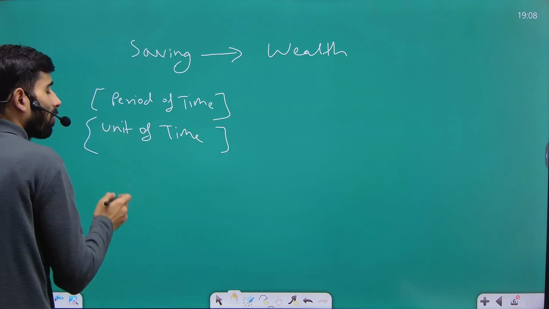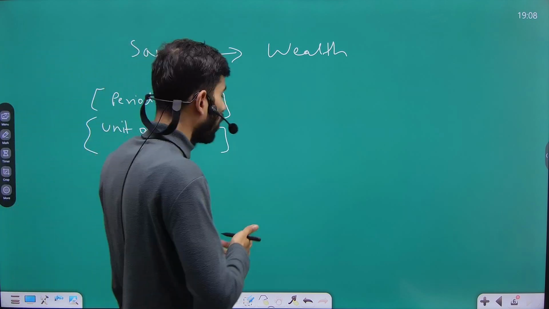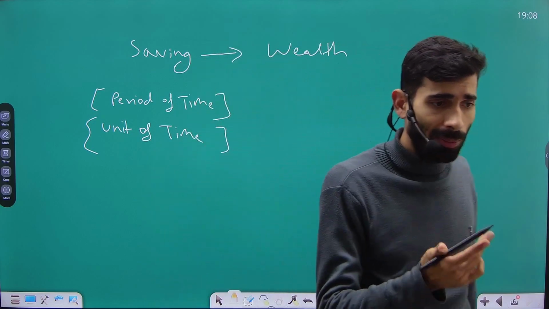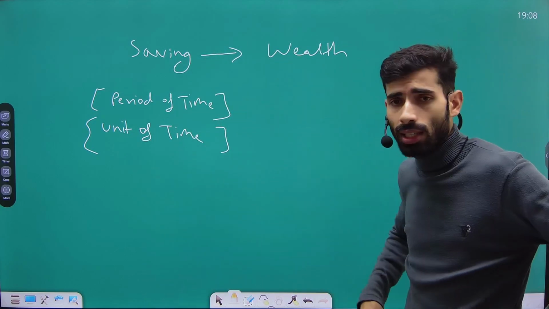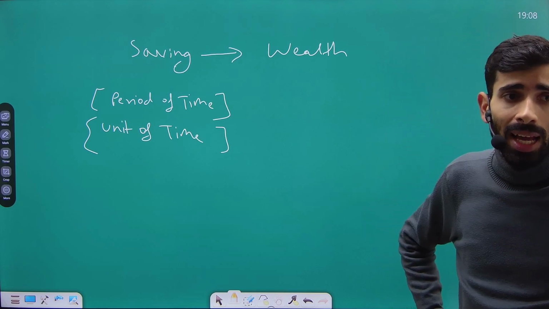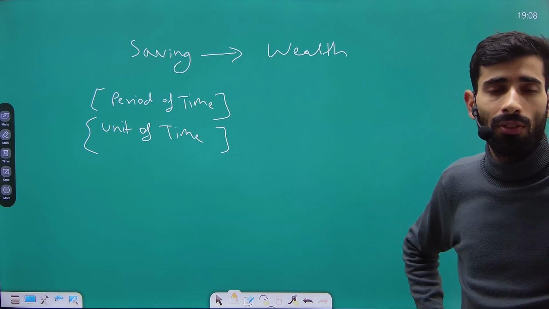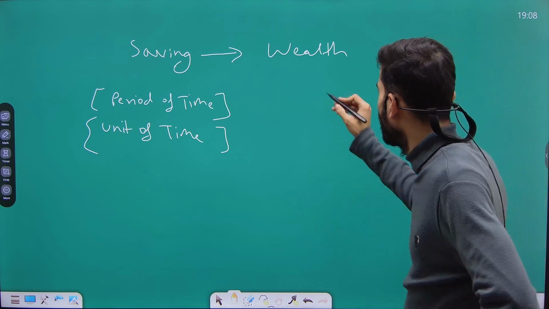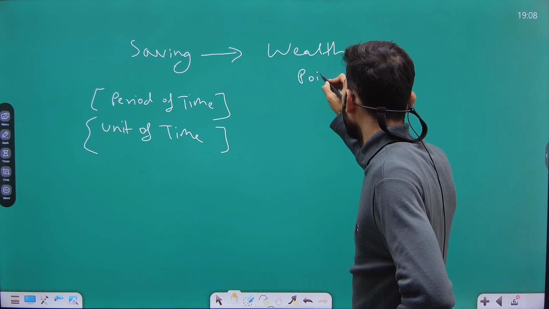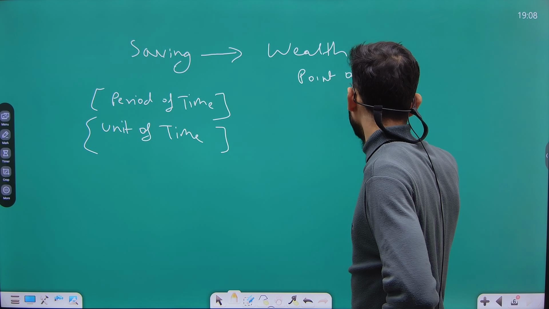Generally we ask what is your monthly income, or if the wage is paid hourly, we ask what is the wage per hour. But whenever we ask about wealth, it means at that particular point of time, right now, how much wealth do you hold. So it is always measured at a point of time.